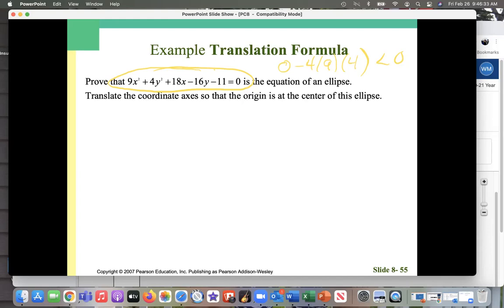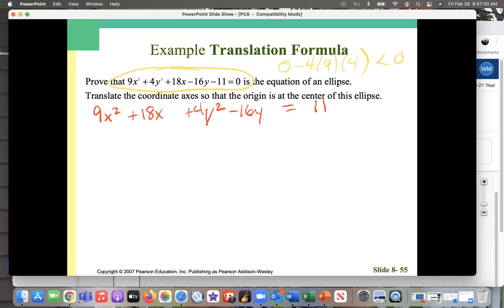I'm going to get my x's together, and I'm going to get my y's together, and I'm going to throw the 11 over to the other side. Didn't do anything crazy there, just moved things over, okay? I rearranged things.